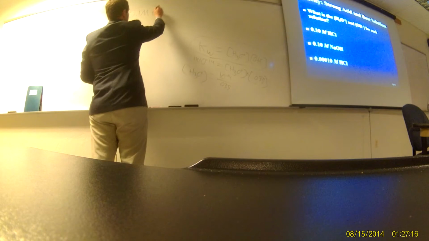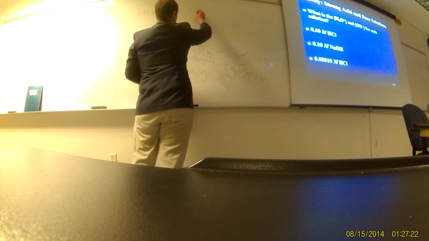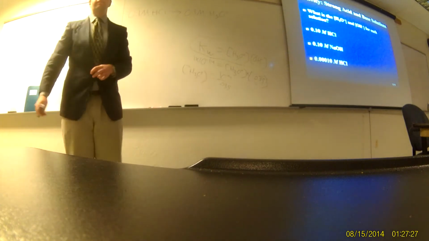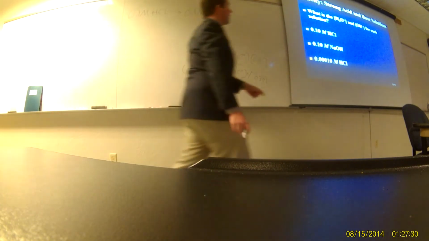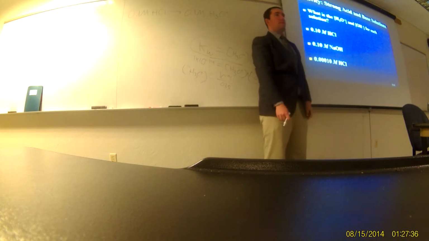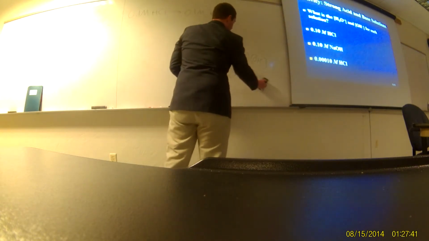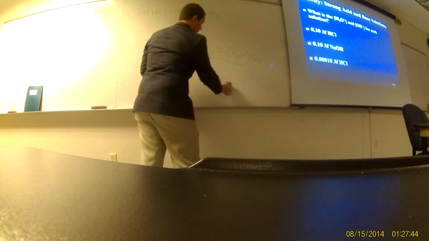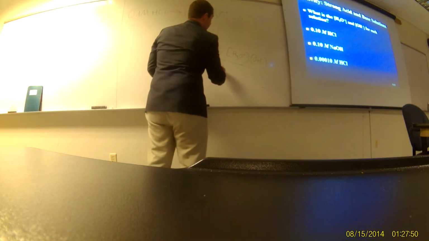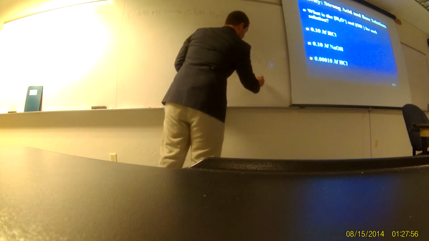And so 0.1 molar HCl will give us 0.1 molar H3O plus. And so you look at that and you say, because that's an acid, my H3O plus concentration is 0.1. So my equation is the same. In this case, I know that one: 10 to the negative 14 equals 0.1 times OH minus.